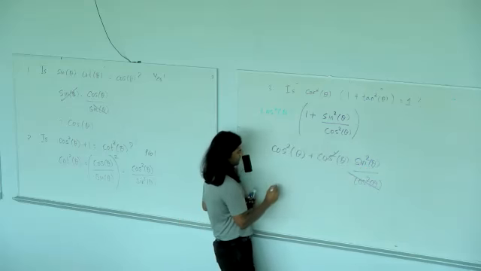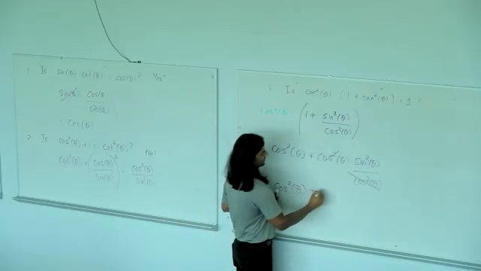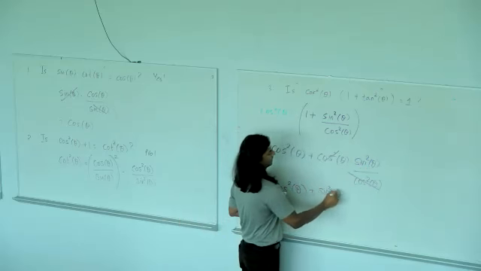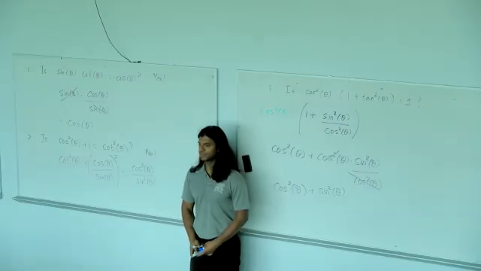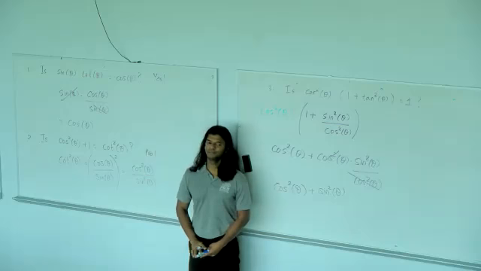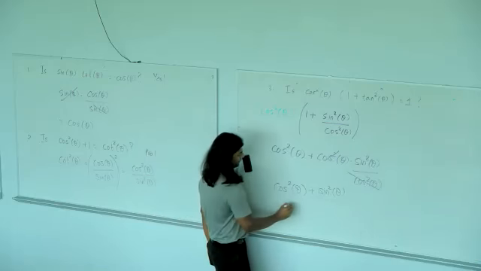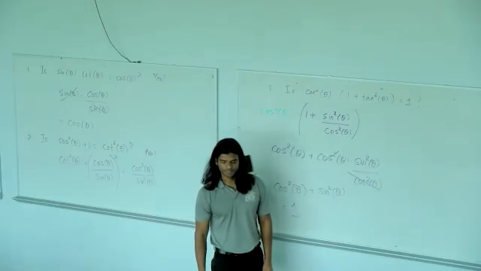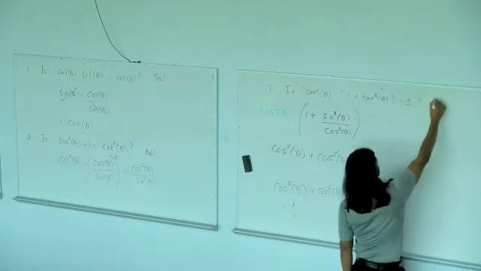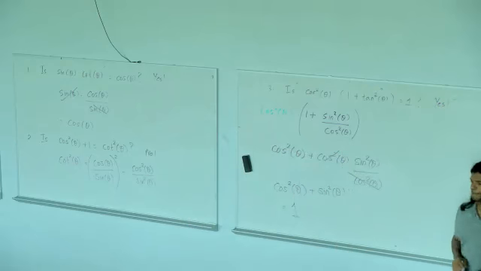You would end up having cosine squared theta plus sine squared theta, from the very first identity that I wrote. What is that? It's 1. Then that's equal to the right hand side.